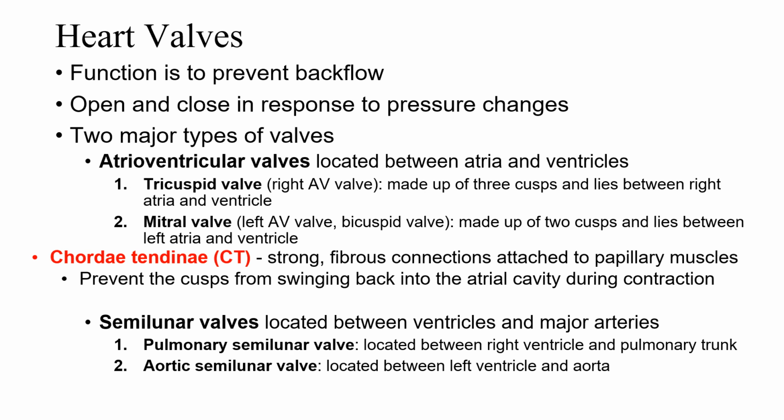The aortic semilunar valve is located between the left ventricle and the aorta. So keep in mind where these valves are actually located. You've got one separating right atrium from right ventricle, one separating left atrium from left ventricle, one separating right ventricle from the pulmonary trunk, and one separating the left ventricle from the aorta. So I hope that makes sense.